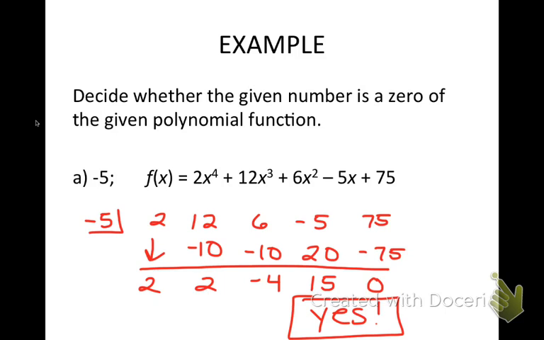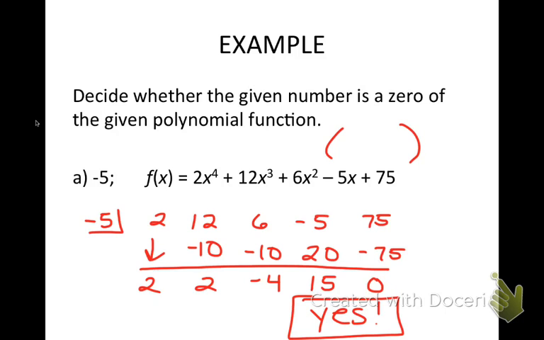Okay. So again, what does that technically mean? That means we have that being a factor of it. So if negative 5 is my k, what would that look like as a binomial factor? This is going above what you're going to have to do for your homework, but let's think about this for a second. What would that look like in parentheses if negative 5 is one of my zeros?